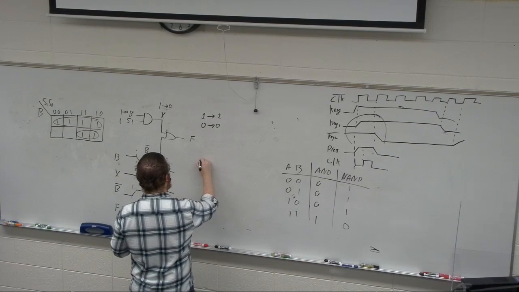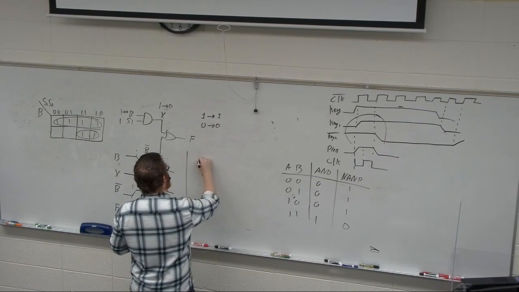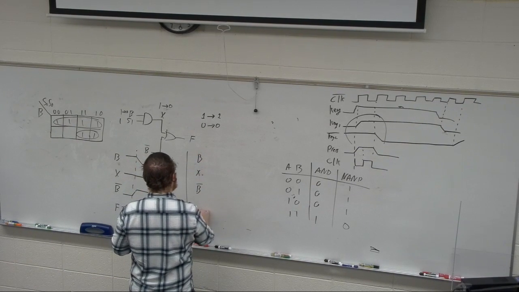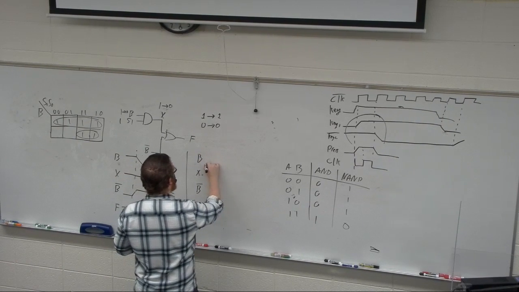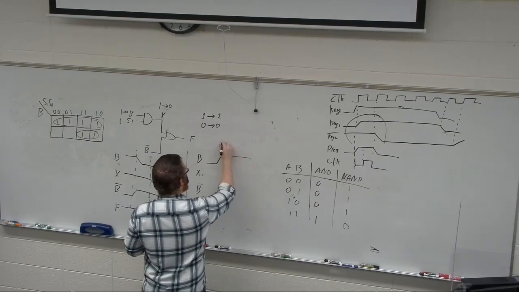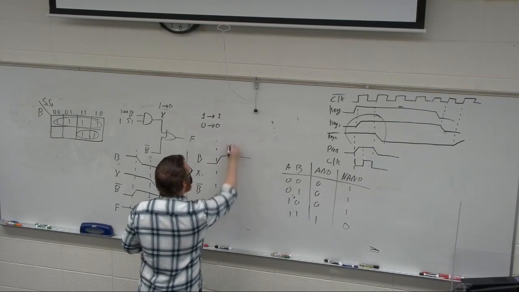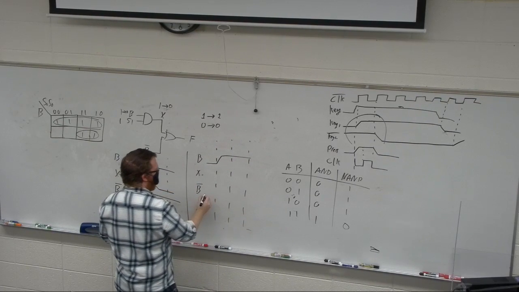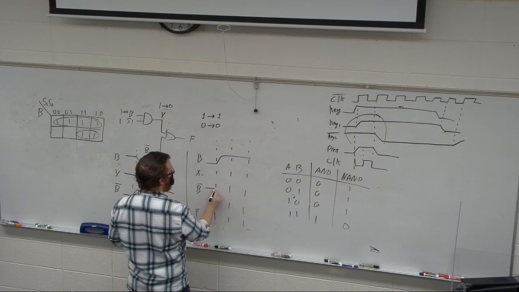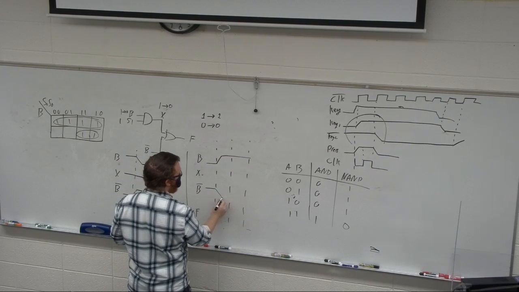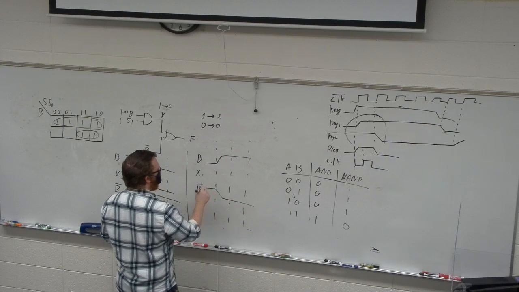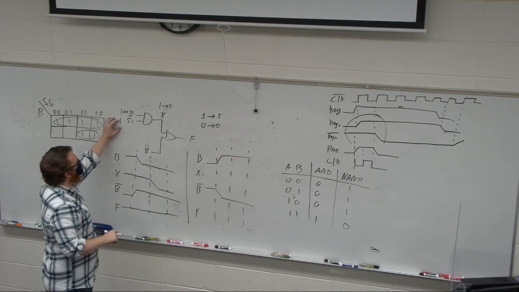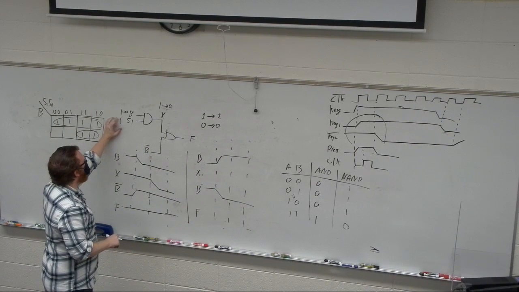Same issue. So I'll start a new line. I have B, X, B bar, F. B starts low, goes high. B bar does the opposite of this with no delay. X starts out at, oh my gosh, you know what I may have done stupidly?